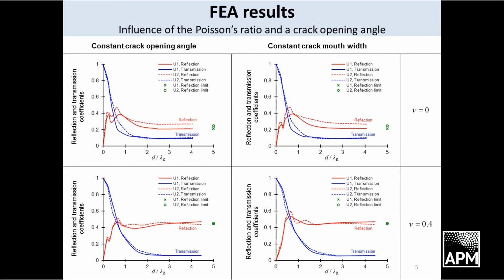But if you fix a crack mouth width, then when you simulate very small cracks, the angle of inclination of their faces will be something like 45 degrees or even 30 degrees. So it will look like a small pit.